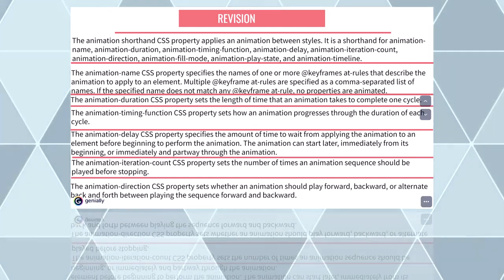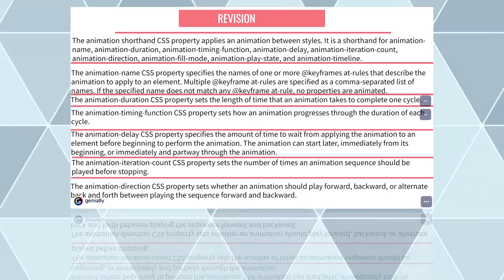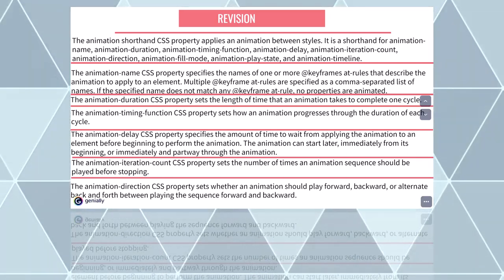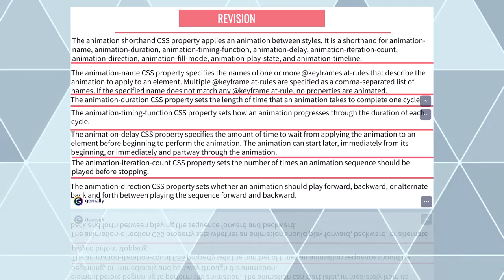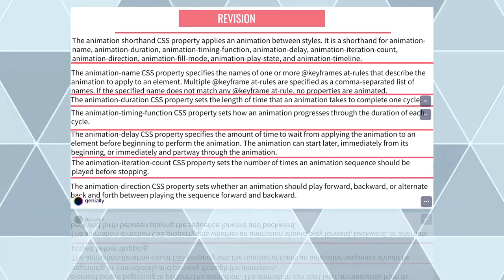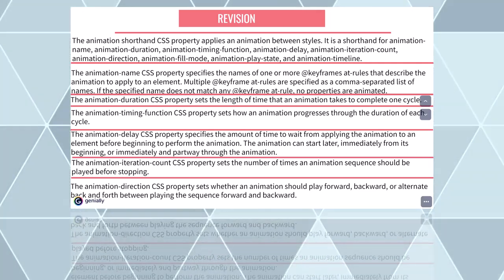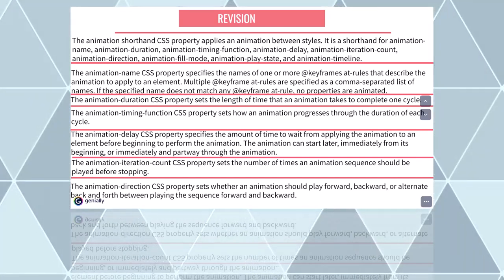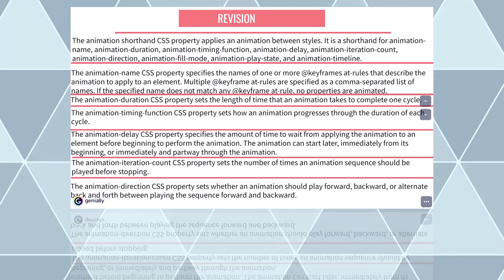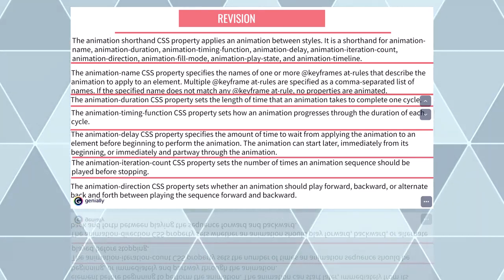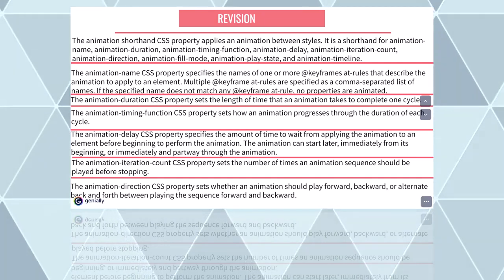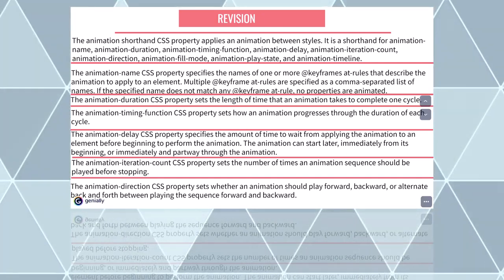Right. Can you do the iteration count? Okay. The animation iteration count CSS property sets the number of times an animation sequence should be played before stopping. What does it mean? Okay, so in my understanding, it sets how long your iteration is going to be.